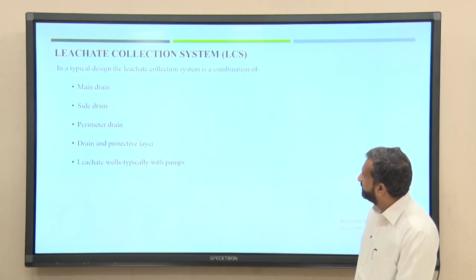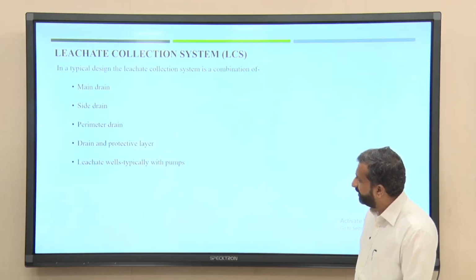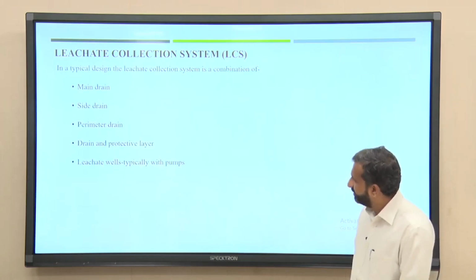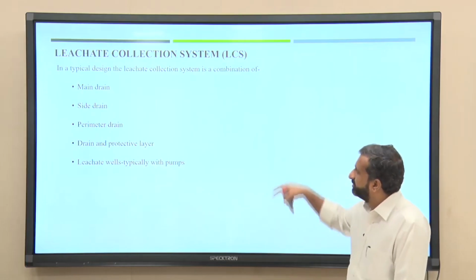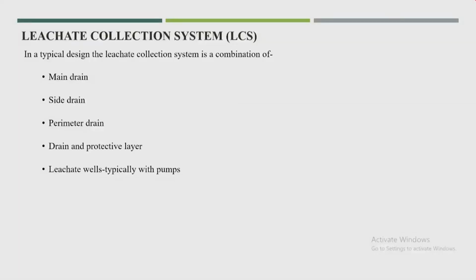Now, the leachate collection system will have a main drain, side drain, perimeter drain, drain and protective layer, and leachate wells typically with pumps. These are the combinations in leachate collection systems.